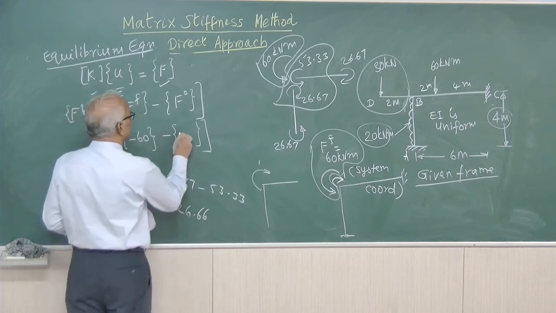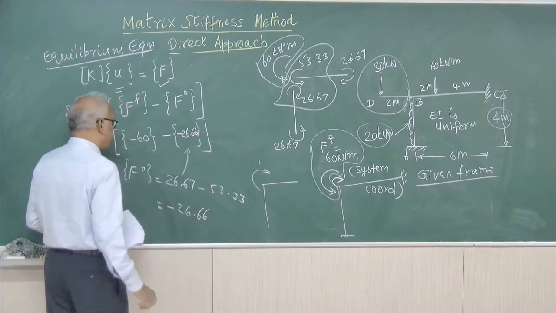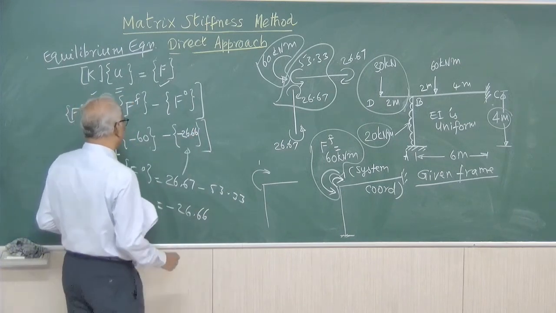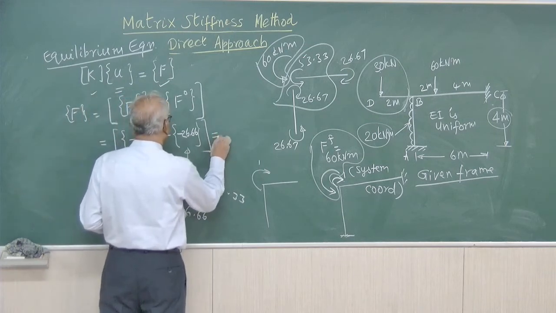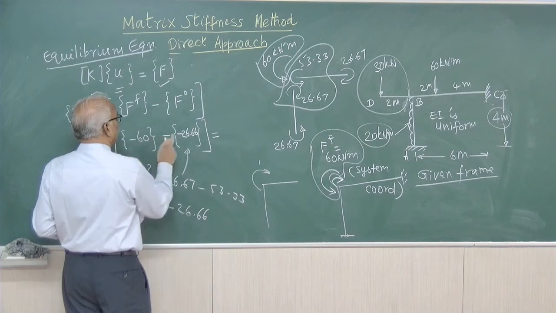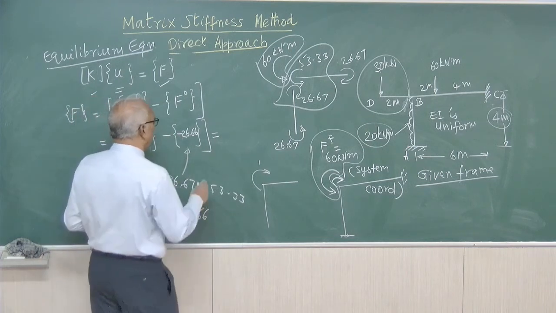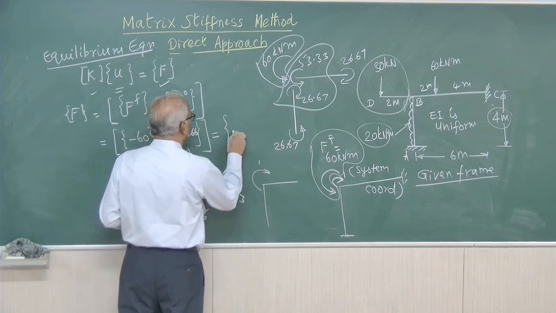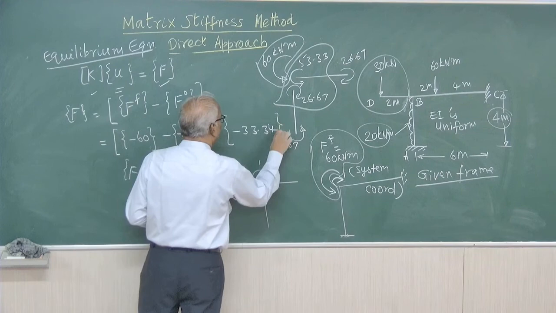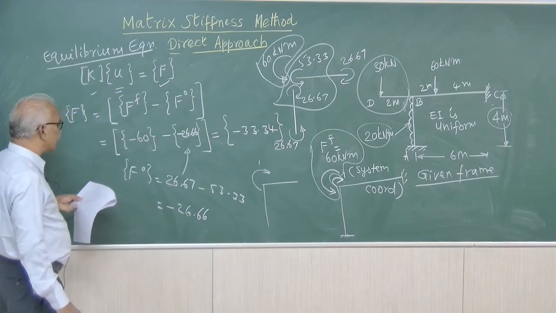So minus 60 plus 26.66 will be equal to minus 33.34.